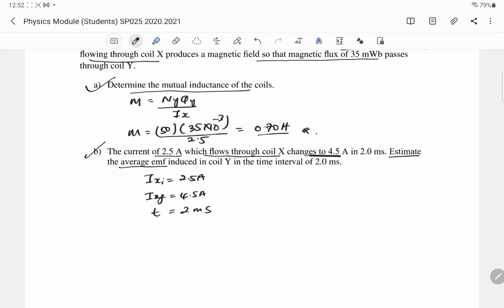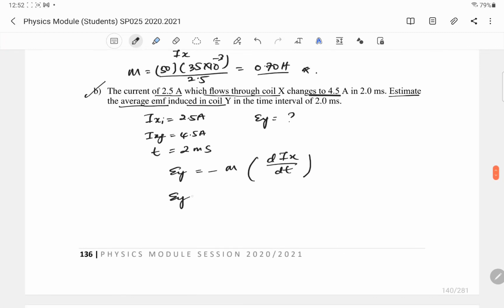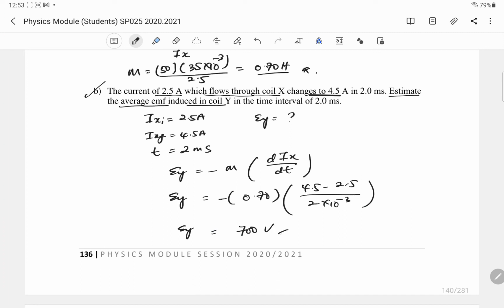Estimate the average EMF induced in coil Y. What is EY? So we know EY equals negative M dIX over dt. So EY equals M is 0.70 times 4.5 minus 2.5 over 2 times 10 to the power of negative 3. So EY equals 700 volt.